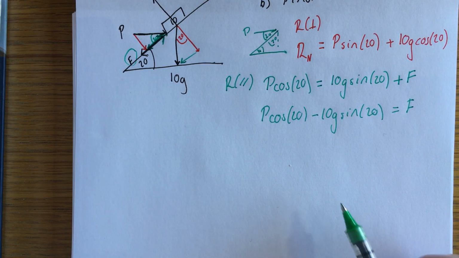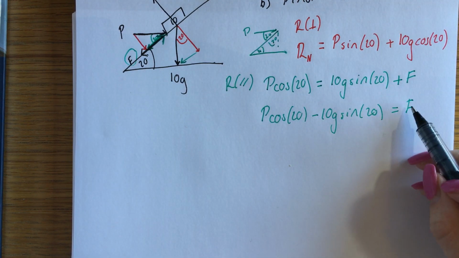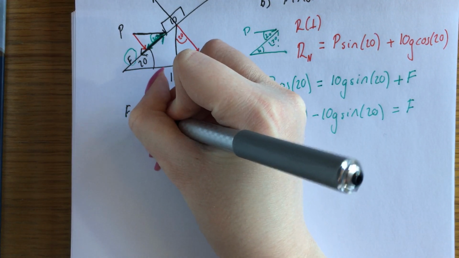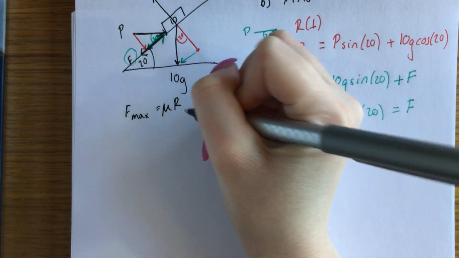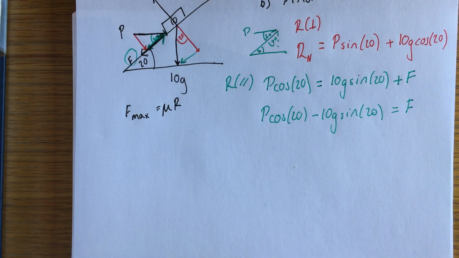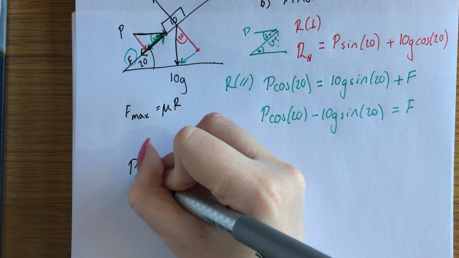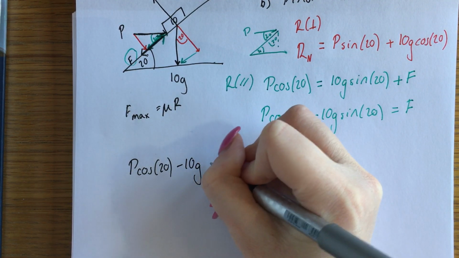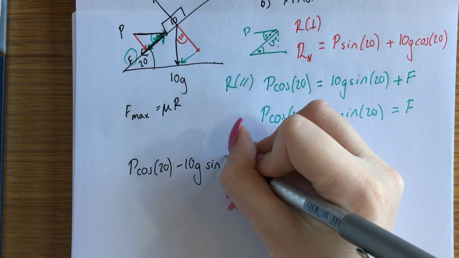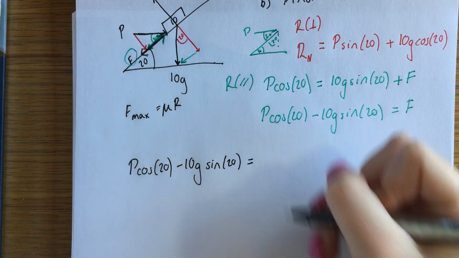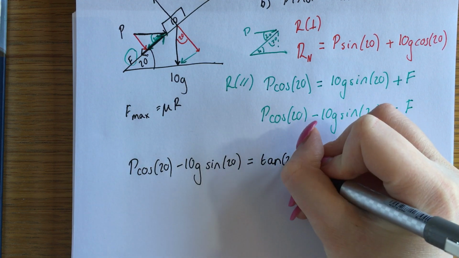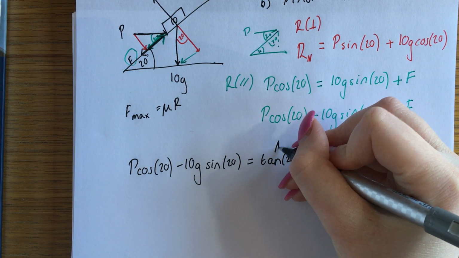So I know friction is at its maximum, so I'm going to use F max equals mu R. So mu is the same from the previous question. So P cos 20 subtract 10g sine 20 must be equal to my value for mu, which is tan 20.